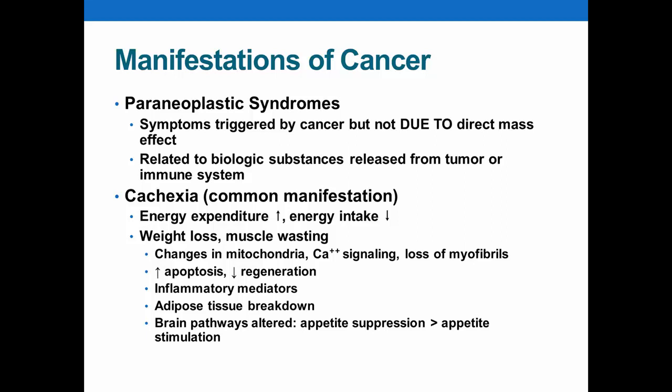So if you get a big pancreatic cancer, you will have mass effect symptoms like pressure, pain, changes in the function of the organ itself. These are actually symptoms that are triggered by the cancer, but they're related to the biologic substance like hormones that may be released from the tumor or from the immune system. So why does this matter?